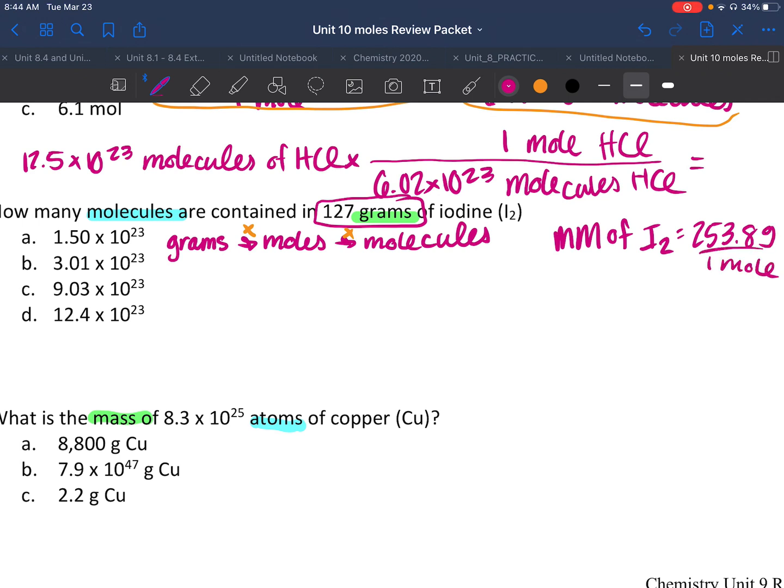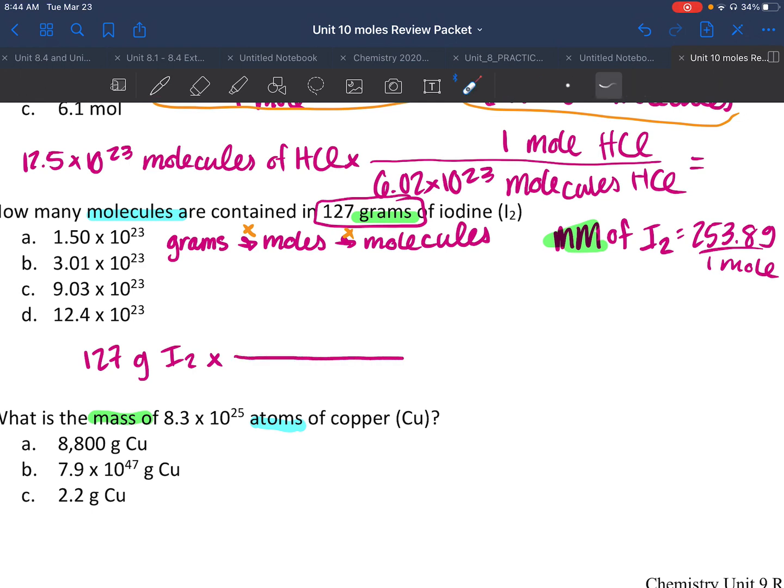All right, so here is one tool. This is my molar mass tool. And remember that Avogadro's number is going to be our other one as well, but we'll come back and assess that. So starting with what we know, I circled it in the problem. We know we have 127 grams of I2.